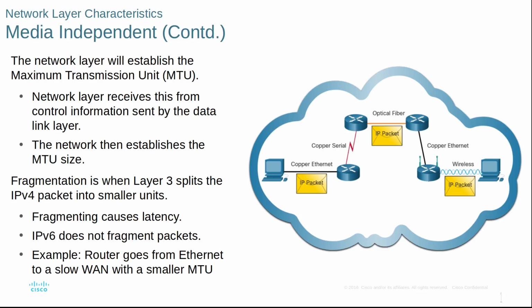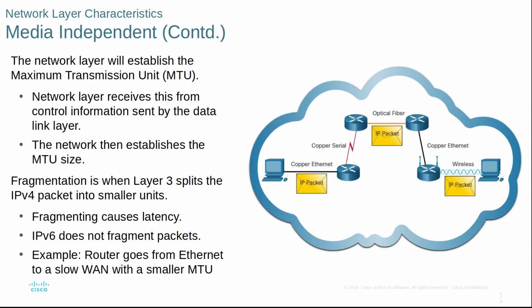Now the network layer will establish the MTU, the maximum transmission unit. It receives that information from control information sent up from the data link layer, and then establishes that size. IPv4 might fragment packets. It might split packets into smaller packets to accommodate the maximum transmission size if it's smaller.